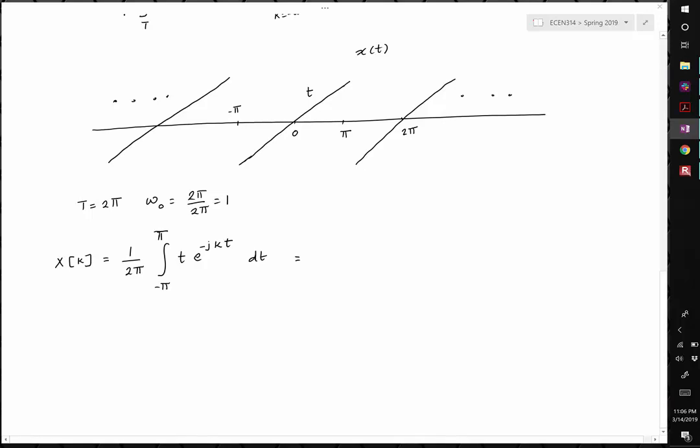I'm going to give you a minute, pause the video and see if you can compute this integral and get the following result.